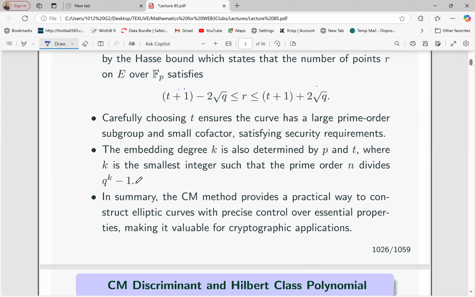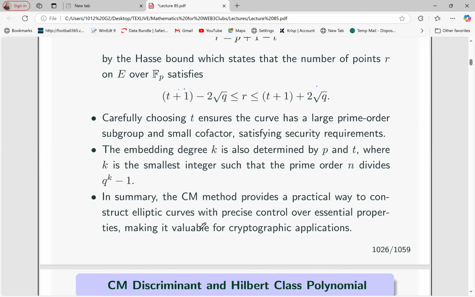But there's something before we proceed. I've said, carefully choose the trace to ensure that the curve has a large prime order. That is if you're doing it for practical reasons, if you want it to be applied in a real life situation. This is how you choose so that the curve would have a large prime order.